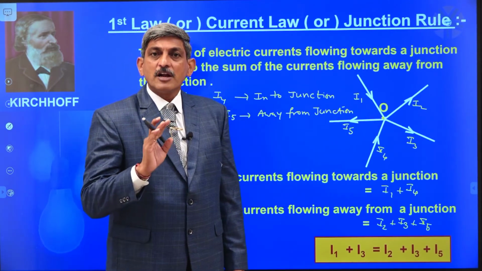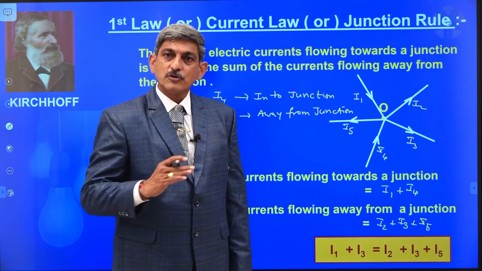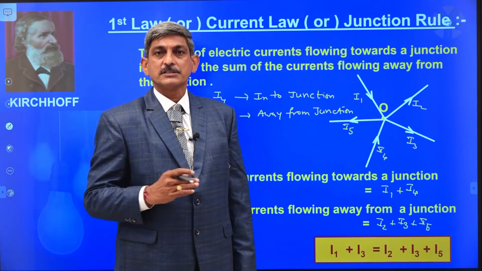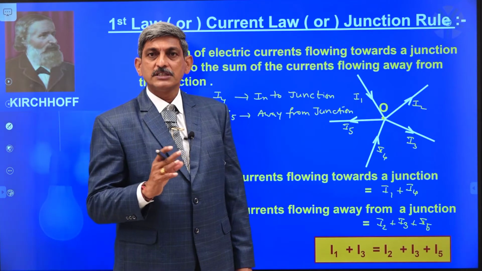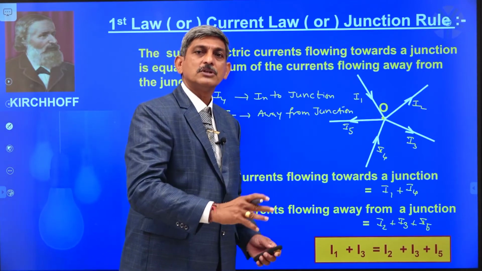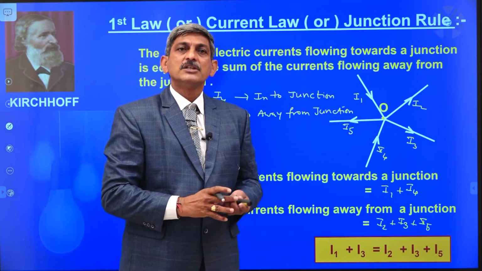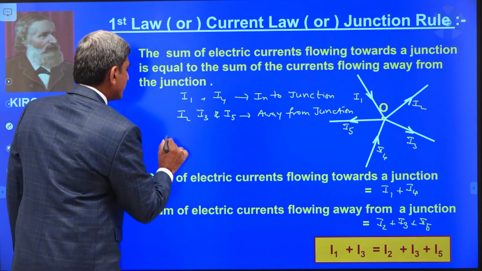The charge will not be accumulated with time. As time goes on, the charge must be flowing across the junction. So according to the law of conservation of charge, the amount of the charge flowing into the junction is equal to the amount of the charge flowing away from the junction.